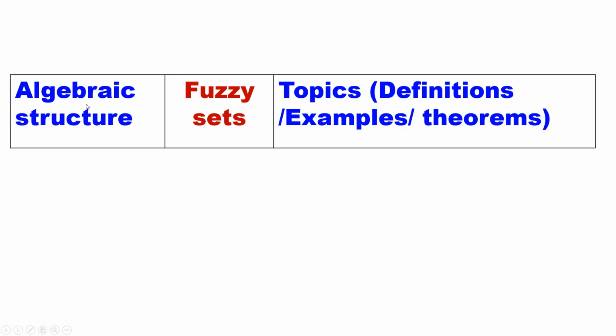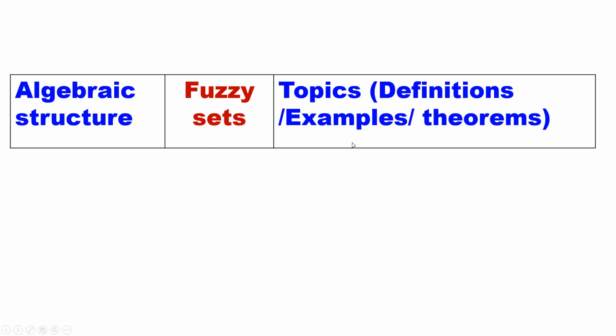So you need to choose your algebraic structure. We have got a list, and again you must choose your fuzzy set, which one you are going to do, and then the basic topics like the definitions, examples, and theorems are to be covered. Definitely these must be there. So that you must follow.